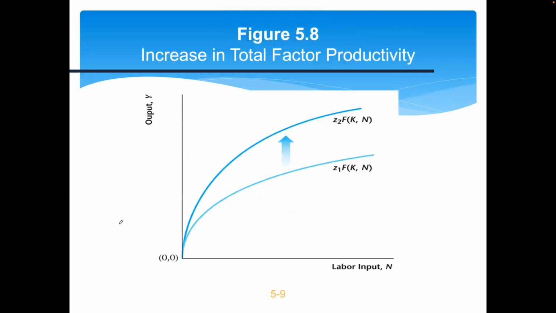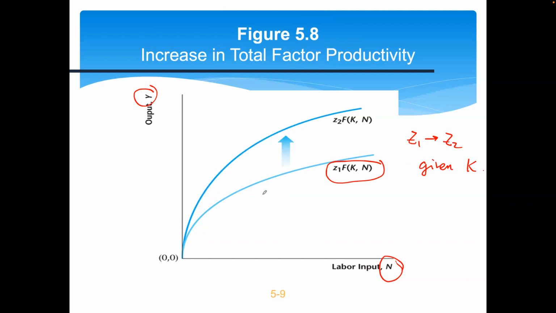Okay? So this is represented by this diagram, right? On the horizontal axis, we have labor. On the vertical axis, we have Y. This is the production function, for given K. Right. If Z1 increases to Z2, at first this curve is going to shift up to a higher level.